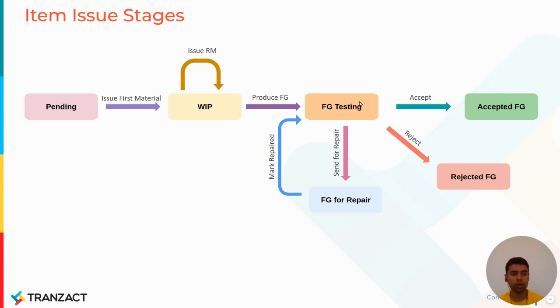The user can accept some quantity, reject some quantity, and send some quantity for repair. So out of 10, say 7 are accepted, 2 are rejected, and 1 is sent to repair. When the repair is complete, it again goes to FG testing and the process continues. These are the item issue stages, and FG testing, repair, and all those stages are present inside WIP.